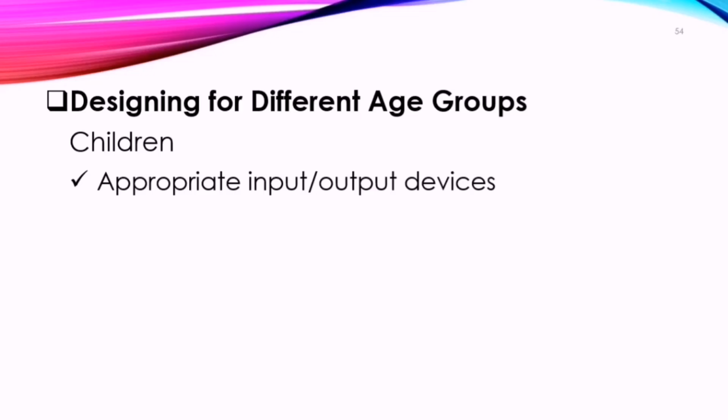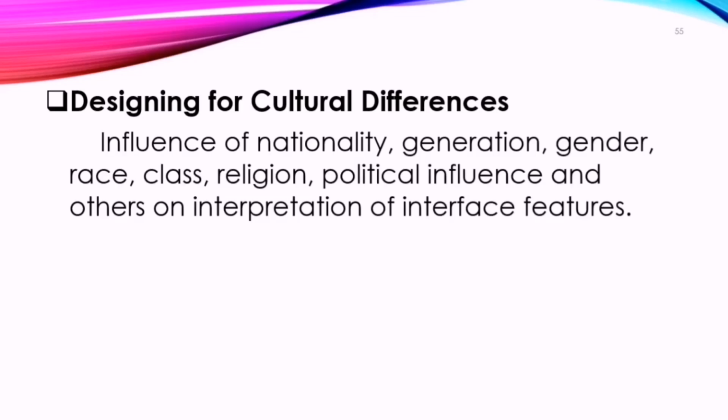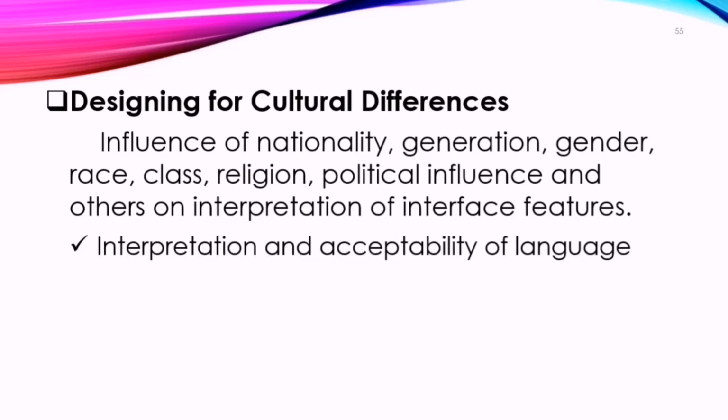And the final diversity that we will consider is cultural differences. When we design for cultural differences, we have to take note of the influence of nationality, generation, gender, race, class, religion, political influence, and others on the interpretation of interface features, which includes the interpretation and acceptability of language and cultural symbols.